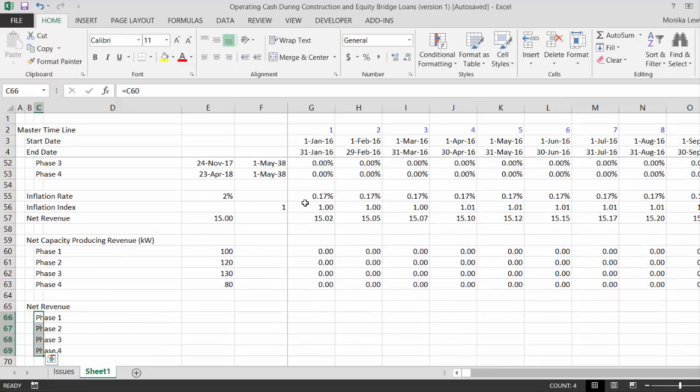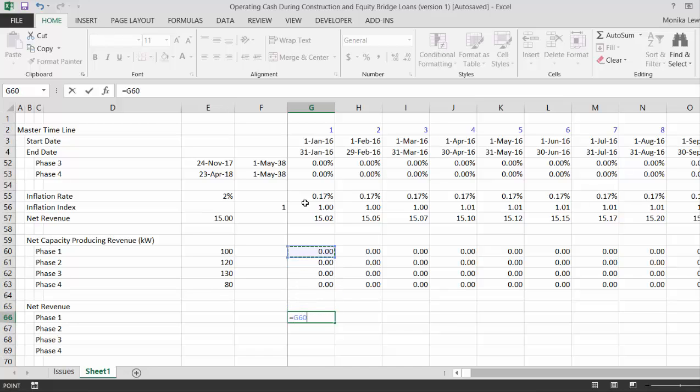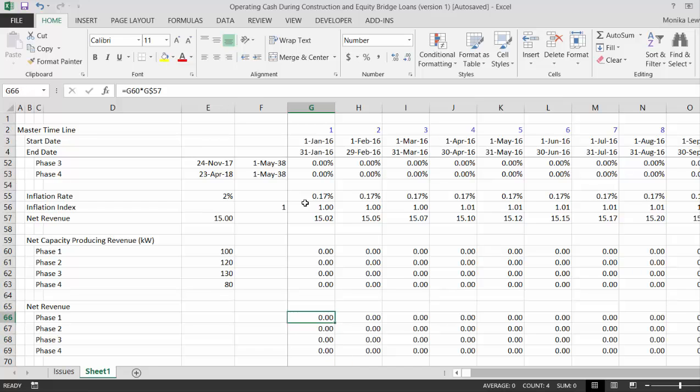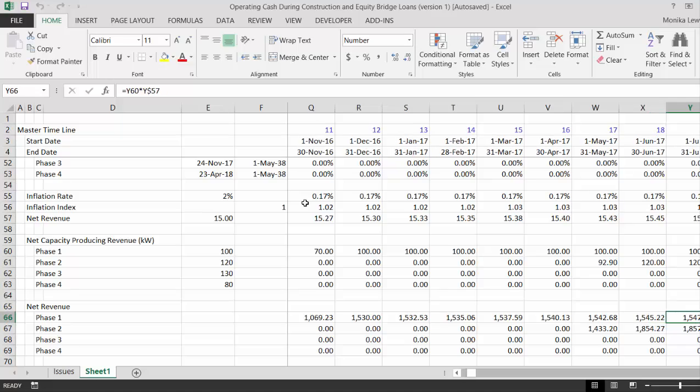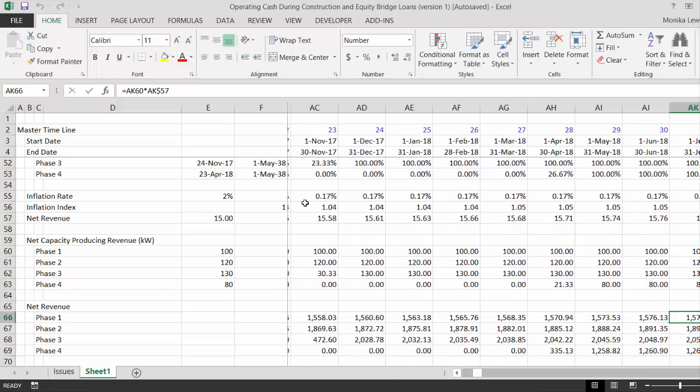The pre-COD revenue is really the entire subject of this analysis and how to treat that for balance sheet purposes. So right now we can just take our capacity and multiply it, Shift Control 1, Control D, Control R, so we get the various different revenues.